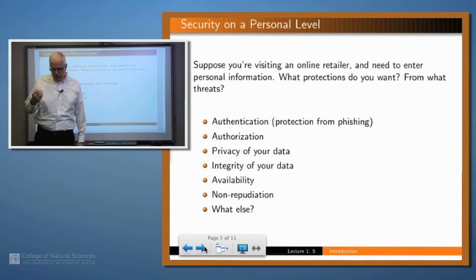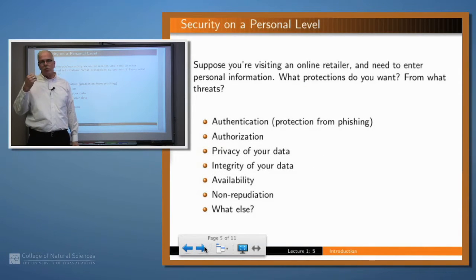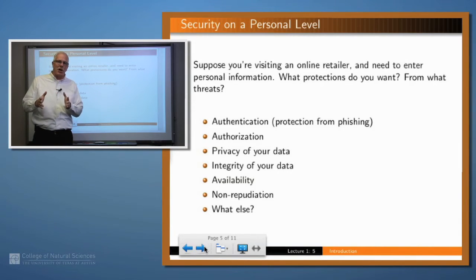So let's think about this momentarily from the perspective of an individual. Suppose that you go to an online retailer like Amazon.com and you want to buy a book, say. In the process of buying that book, you're going to create a login account, and you're going to take your personal information, including some pretty sensitive information like your credit card number, and send that to Amazon.